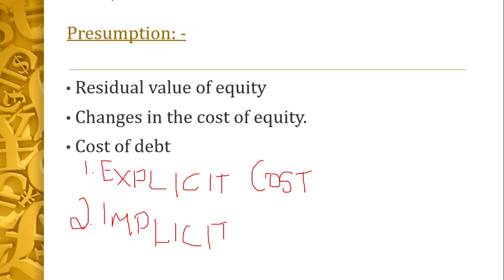Here the implicit cost or the hidden cost represents that portion of the expense which is increased due to the increase in the debt portion. That portion of cost of equity which has risen because of using more and more debt is represented by implicit cost, or the hidden cost.